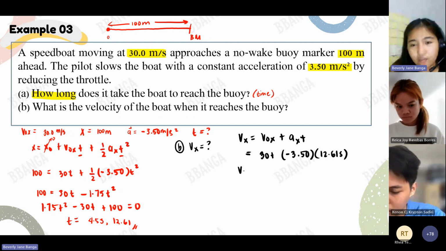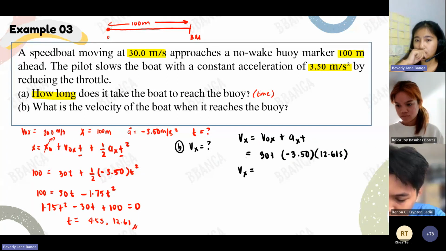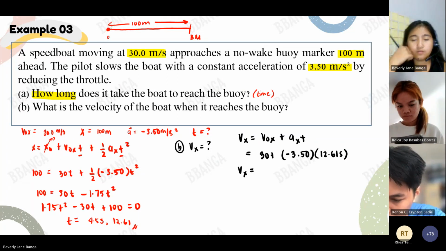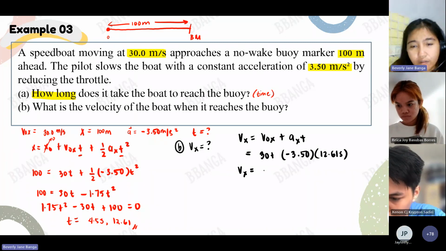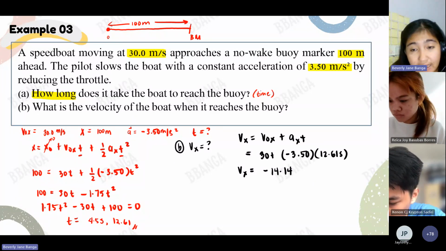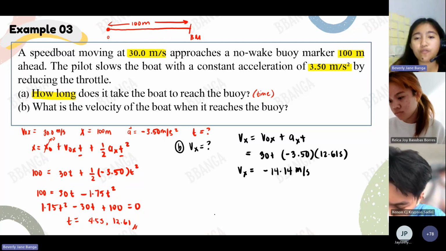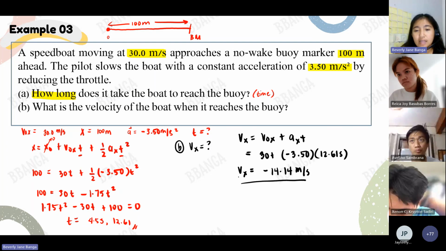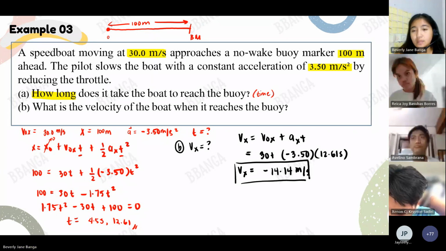Anong makukuha nating Vx? Negative 14.14. So negative 14.14 yung Vx natin kapag 12.61 yung time.